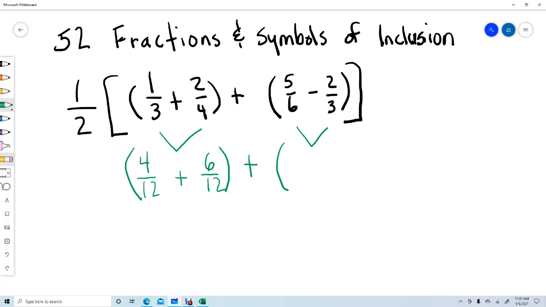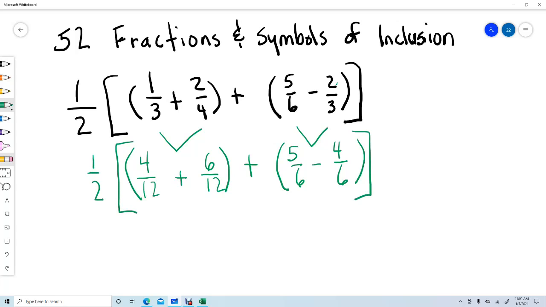Now the common denominator of 6 and 3 is 6, which is nice because we don't have to change the fraction 5/6. 2/3 becomes 4/6. I multiplied 3 by 2 to get to 6, so I have to multiply my numerator 2 by 2 as well. So I end up with 4/6. I'm going to put my brackets back on and my 1/2.